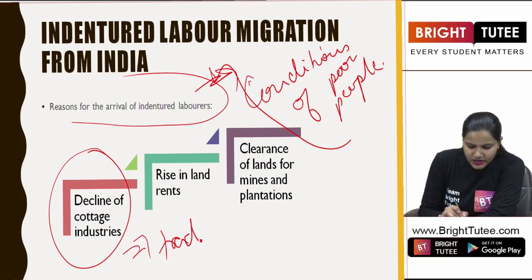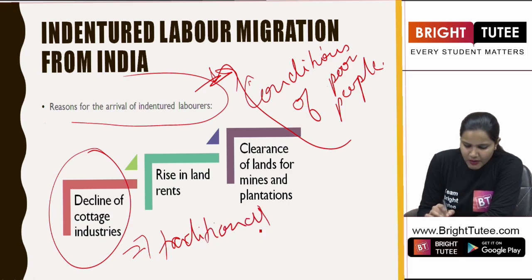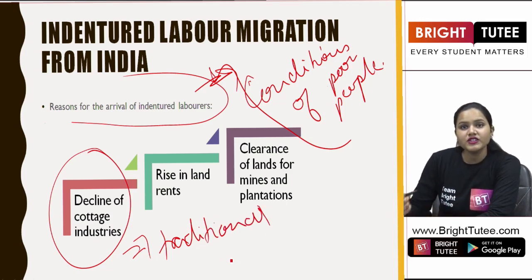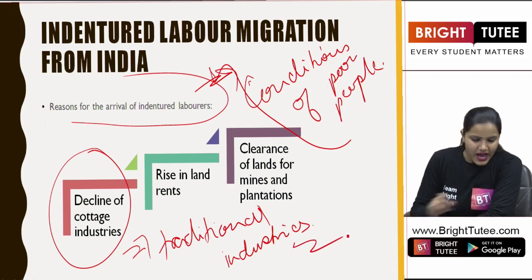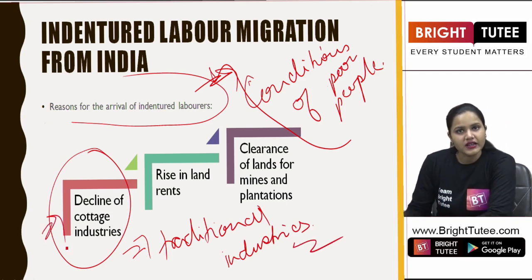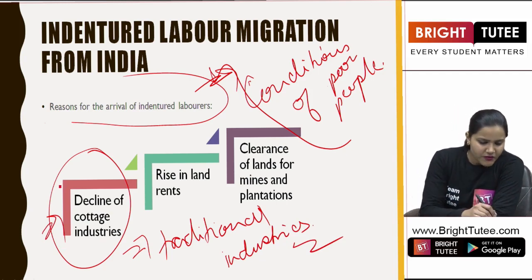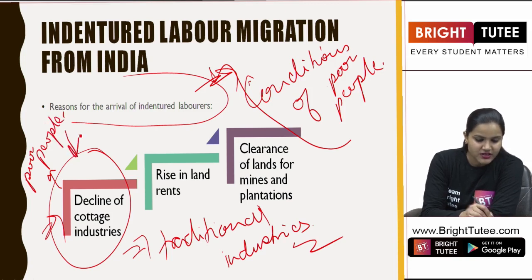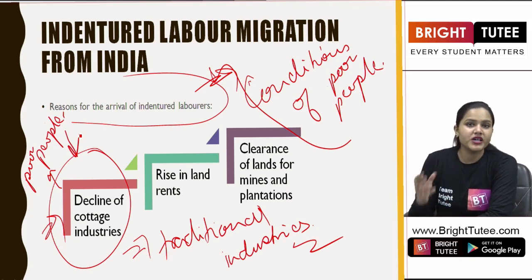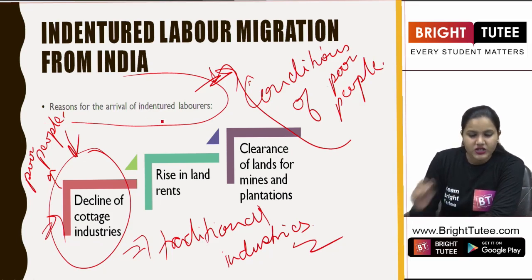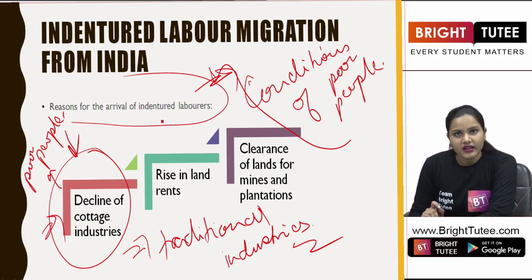In India, students, after the coming up of the British Empire and the expansion of their industries, there was a decline in the traditional industries in India, and also the cottage industries that come under this, right? Because of this, many poor people who were dependent on these industries had no other option, right? They had nowhere to go, no place to work. So what are they going to do? They had to work as indentured labor so that they could earn their living.